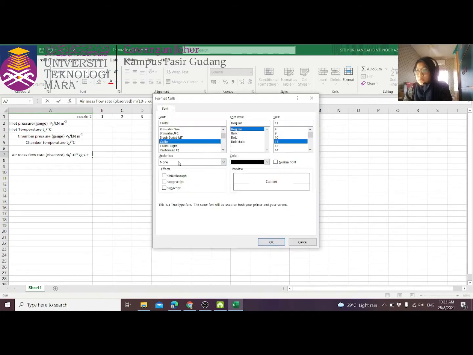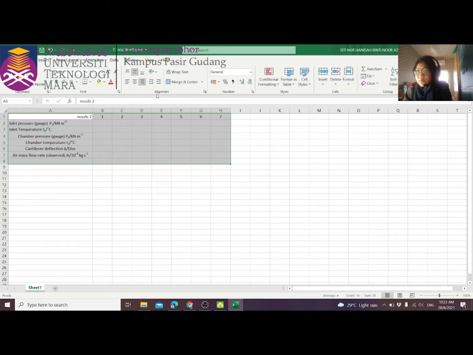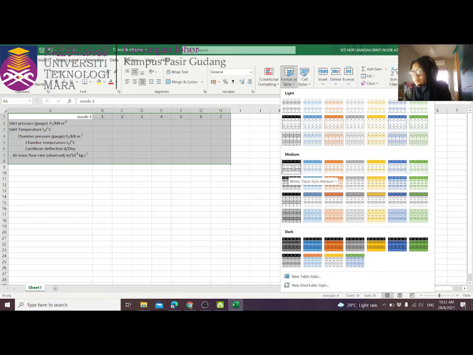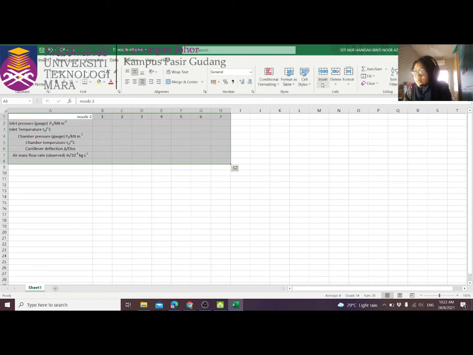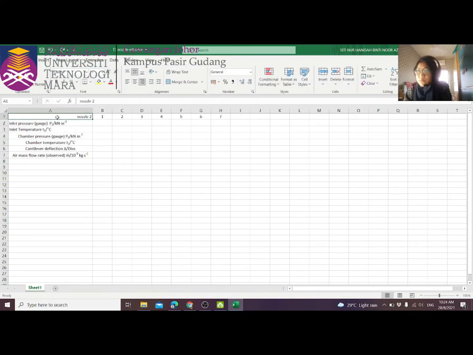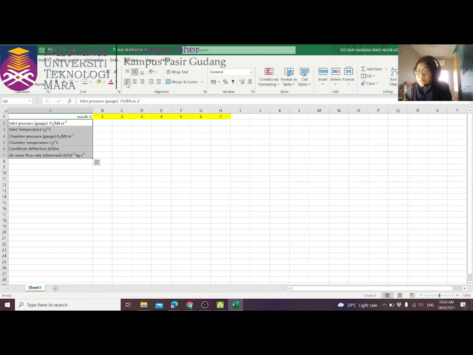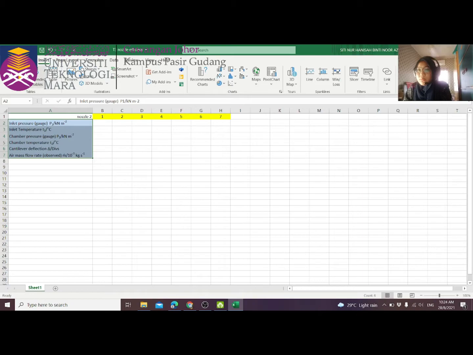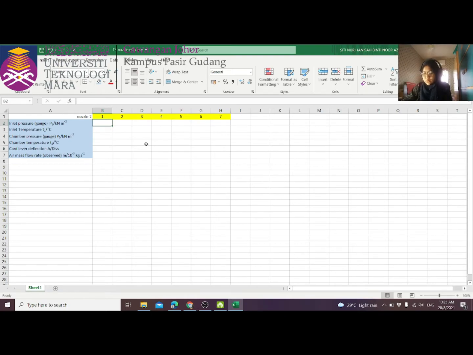This one also superscript. And after that, fill in the table.